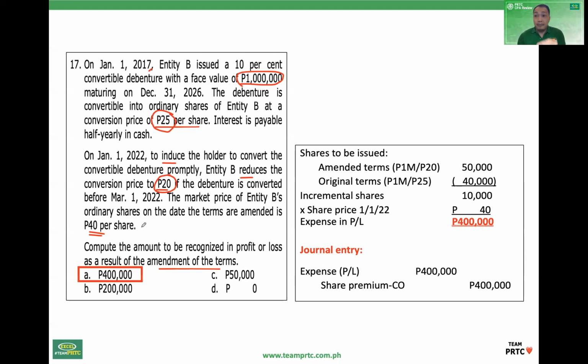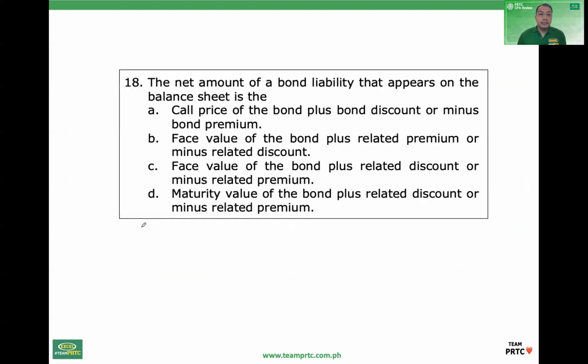So, yung mga borrowings in particular yan. Yung mga borrowings na yan, naka-report yan, pwede sa current, pwede sa non-current, depende siyempre sa due date. Okay? So, in relation to bonds, pag ang ginamit ay traditional method, may face value, may premium, may discount, may issue cost. So how will those items appear? So that's the question in number 18.